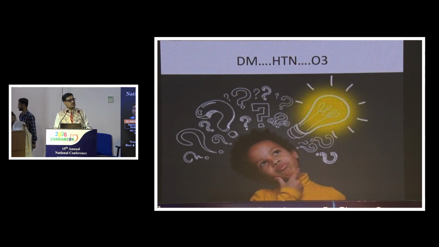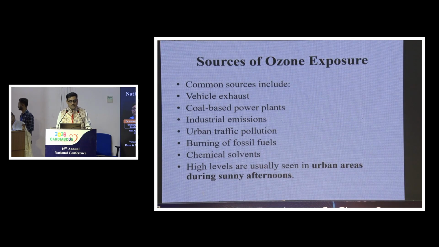Now what is the relation of this ozone with the development of diabetes and hypertension? First of all, we have to know the sources of ozone: vehicle exhaust, coal-based power plants, industrial emissions, urban traffic pollution, burning of fossil fuel, chemical solvents.